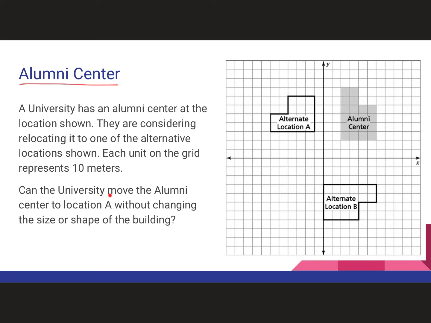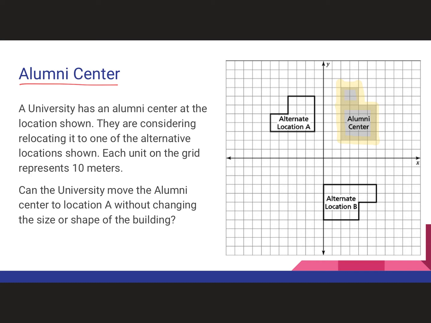Can the university move the alumni center to location A without changing the size or shape of the building? So can we move to location A? So let's look at comparing these. Our alumni center looks like it is 4x4 with a 2x2 attached.